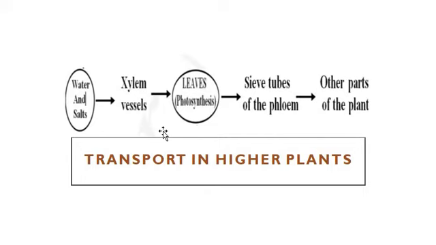The leaves take the water and do the photosynthesis process, which produces food or carbohydrates. This is taken by the phloem, which is called the sieve tube, and distributed to other parts of the plant to get energy.